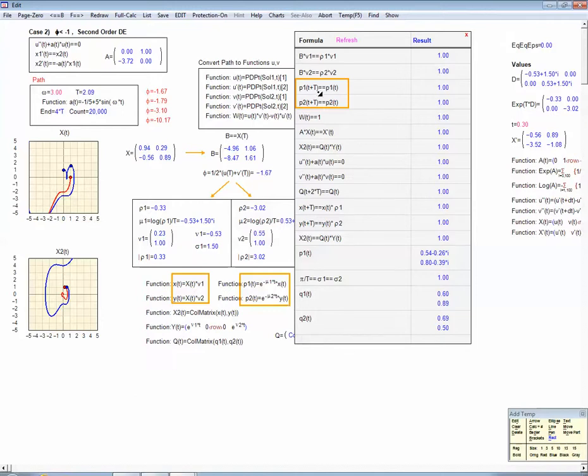Those p's are still periodic, as evidenced by this numerical check up here. The problem is that they're no longer real. Now here's an example of P1 of t, and that's complex valued. People don't like that, so we're going to have to figure out a way to convert these p's into q's, and the q's will be real valued. And this is how we do that.